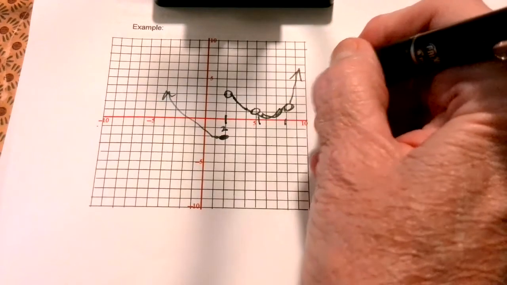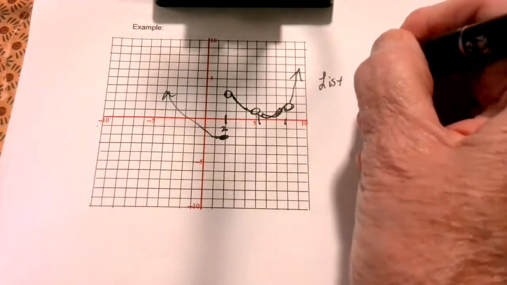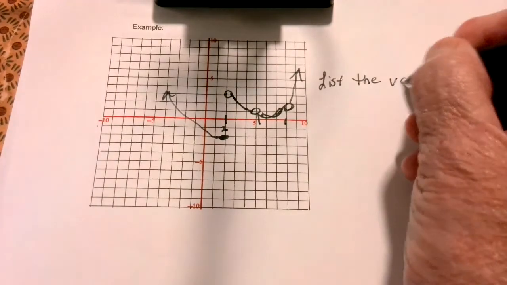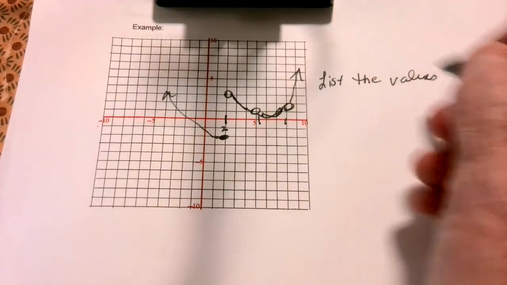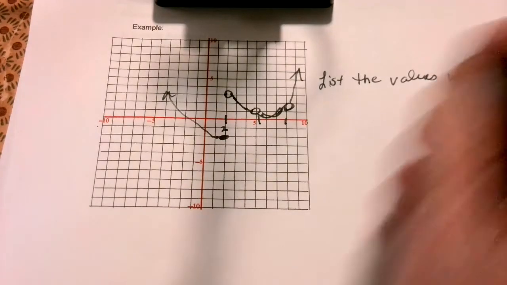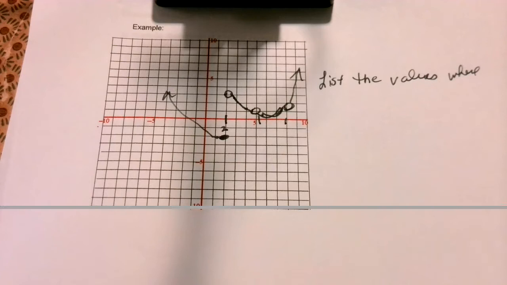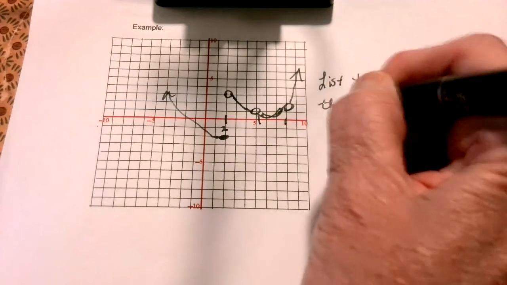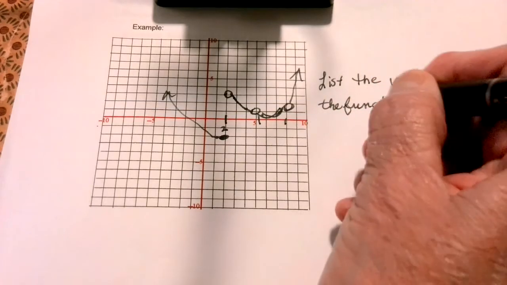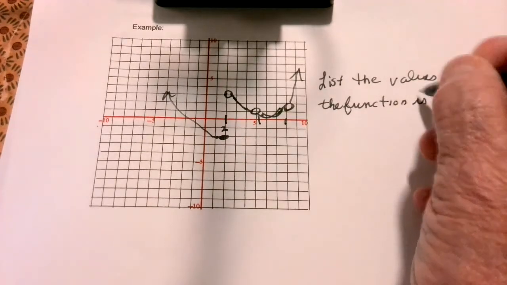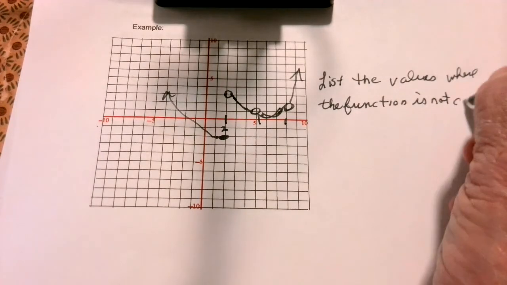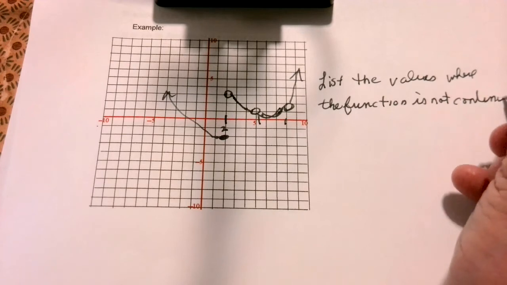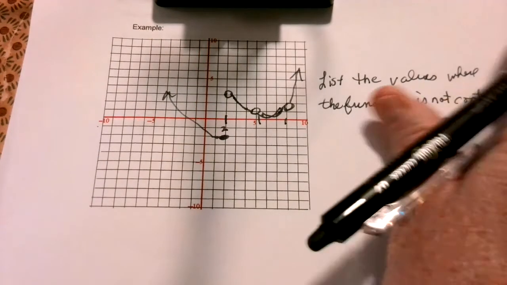Okay, so what we want to do is we want to list the values where the function is not continuous. All right.